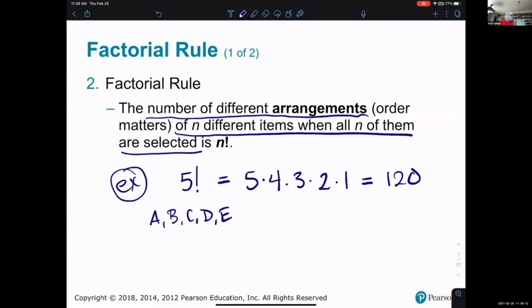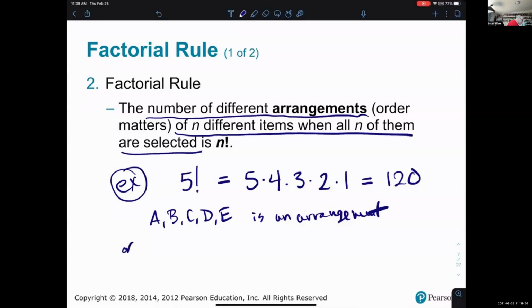For example, the way I just listed them to you is a particular arrangement. It's alphabetical. So this would be one example of an arrangement of the first 5 letters of the alphabet.